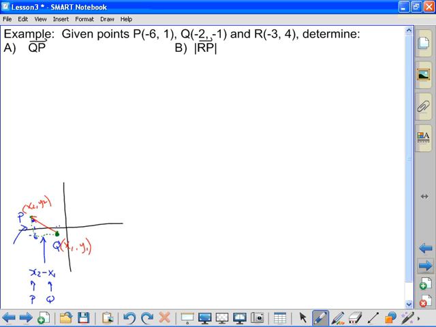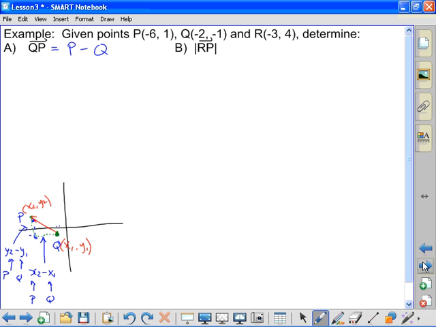The y value is going to be y2 take away y1, which is the py value subtract the qy value. So in each case, I'm taking p and I'm subtracting q. So in order to find QP, it's equal to point P minus Q.